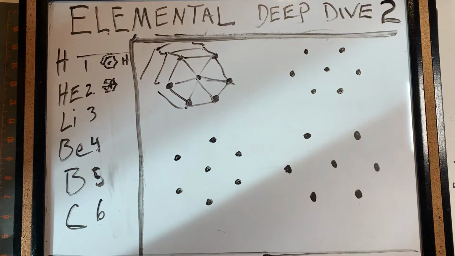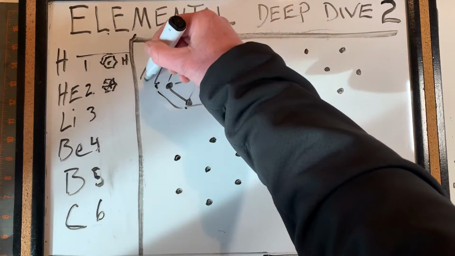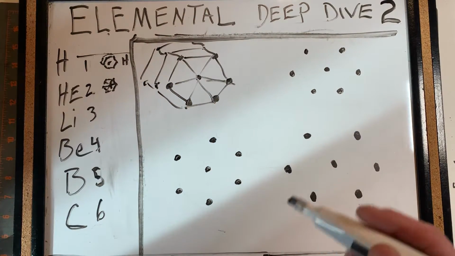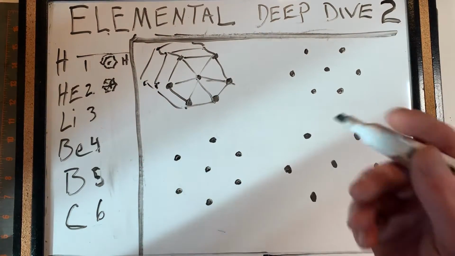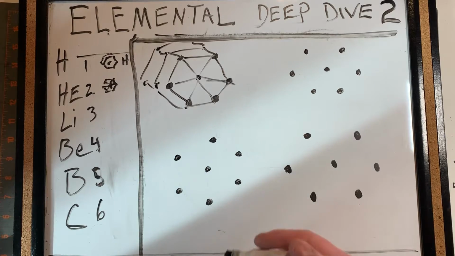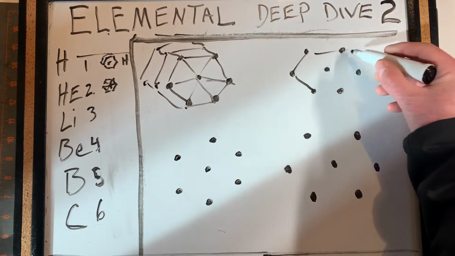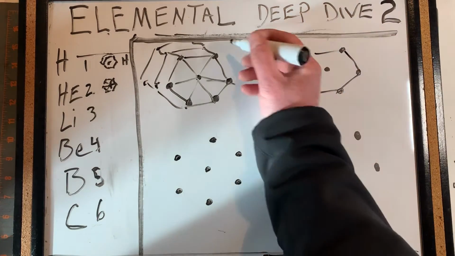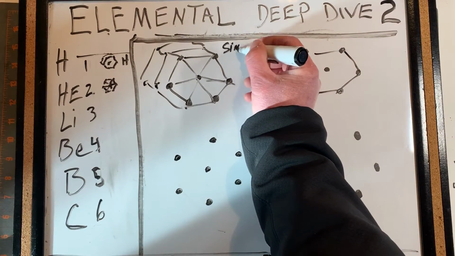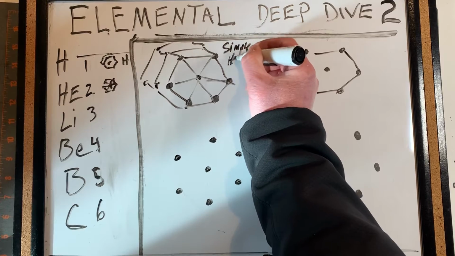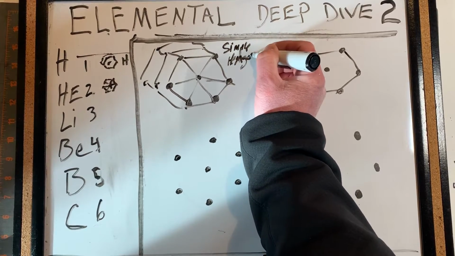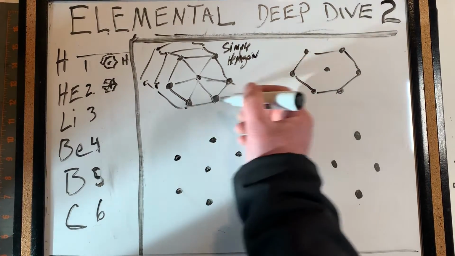In helium, we brought 2 dielectric lines of force, and it did the same thing. This is just called a simple hexagon. Hydrogen.